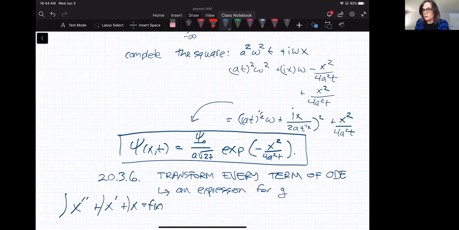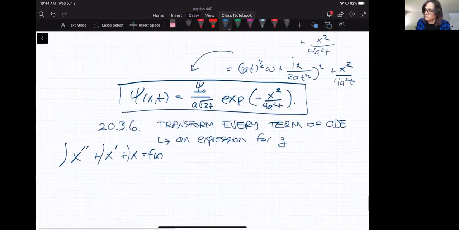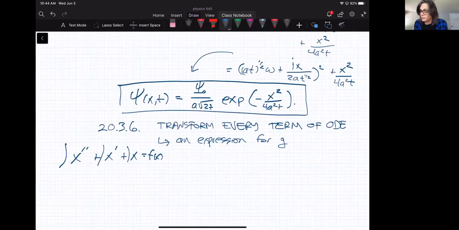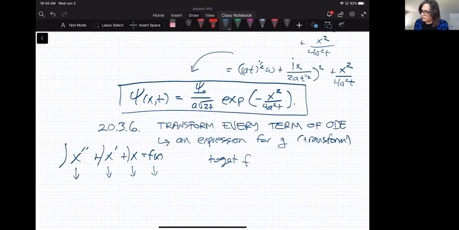We've seen some ways that you can use to solve this, but we now know that if we take a Fourier transform of all of these pieces, we can create an algebraic expression for the transform. Once we know the expression of the transform, to get f of x back, you use the inverse transform.